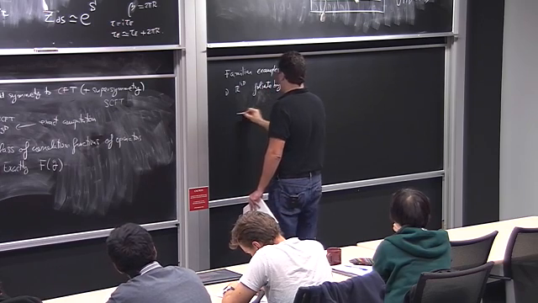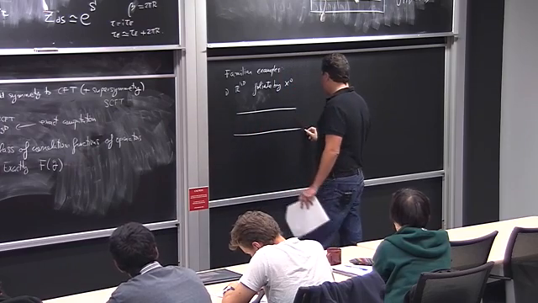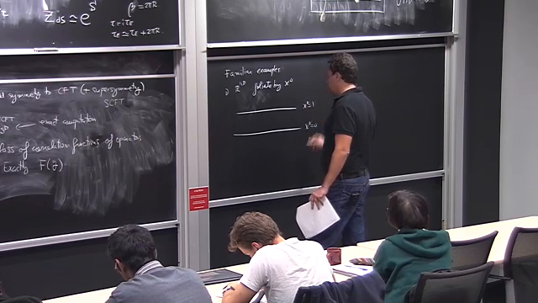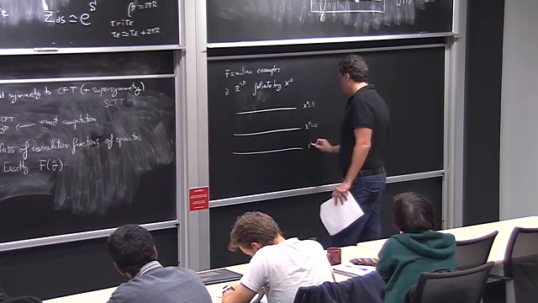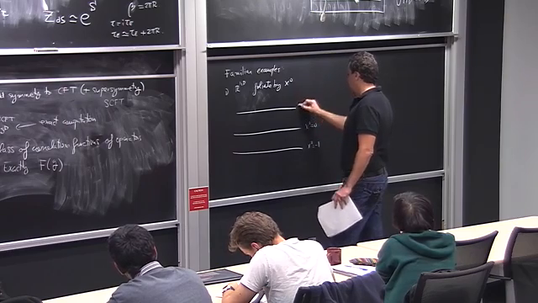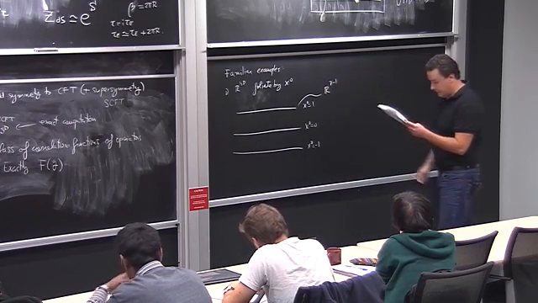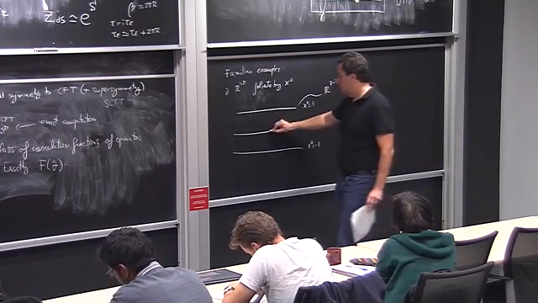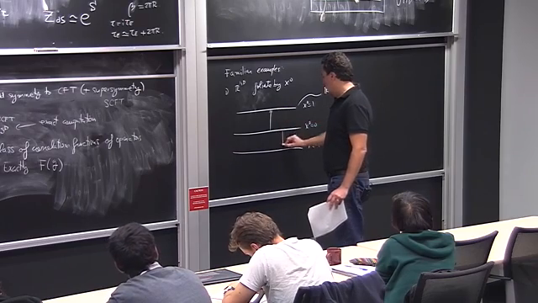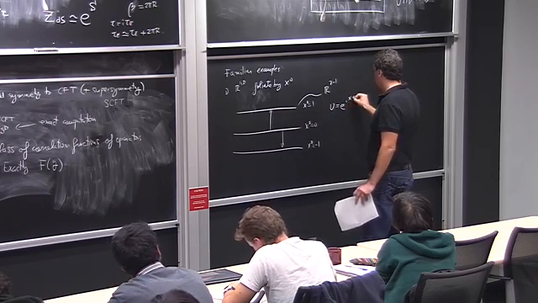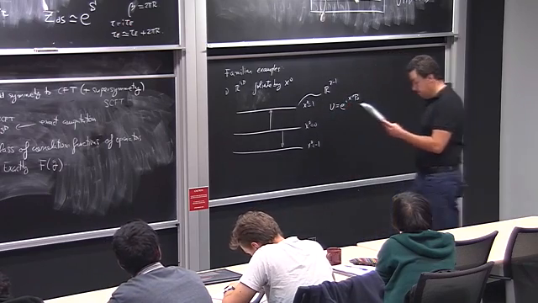So you have each time slice: x0 equals 0, x0 equals 1 in some units, x0 equals minus 1. And each leaf is just a copy of R^(D-1). And then, of course, the operator that moves you up and down the leaves is the unitary operator, which is nothing but the Hamiltonian.